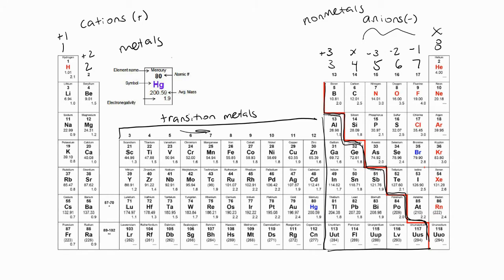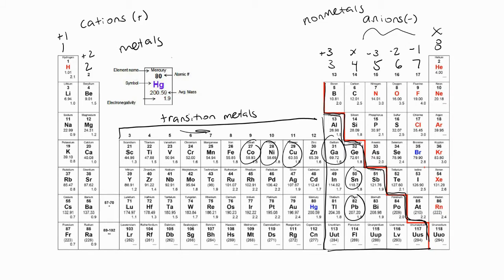But when we're naming, a lot of times you might need to give Roman numerals to these guys as well. So for something like copper or nickel, cobalt or nickel or copper, remember that we'll get into this in the next slide, but you're going to add Roman numerals. But also if you see something like tin or lead or gallium, these need Roman numerals as well.